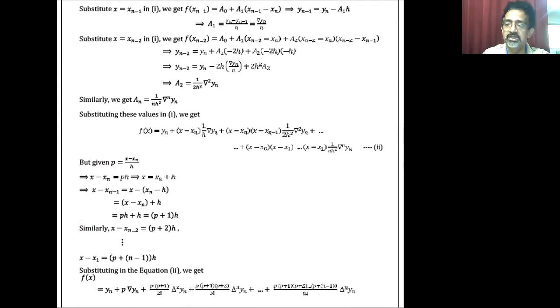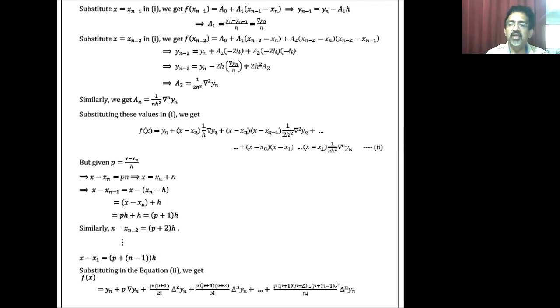So you should make that change. It is a typographical error. Instead of del squared, it is nabla squared. Instead of del cube, it is nabla cube. And so on, instead of del raised to n, it is nabla raised to n.